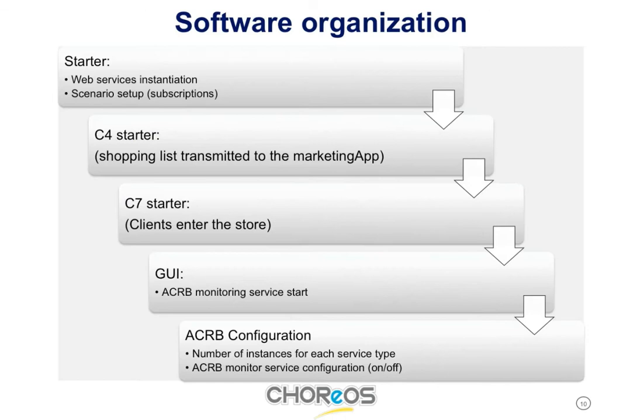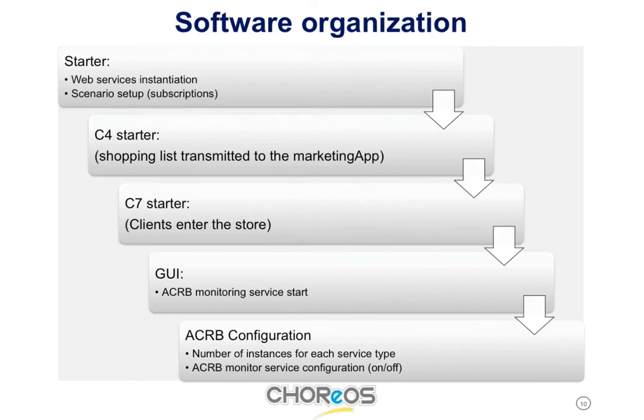In this application, the shopping list is transmitted to the marketing application. The third one is the C7 scenario starter. In this application, the clients enter the store. The fourth application is relevant to the graphic user interface, which is used for monitoring the running of choreographies.